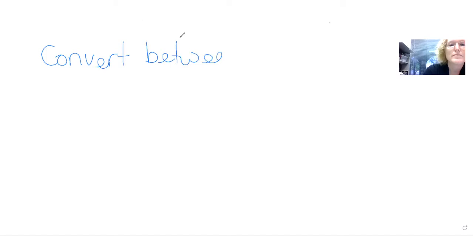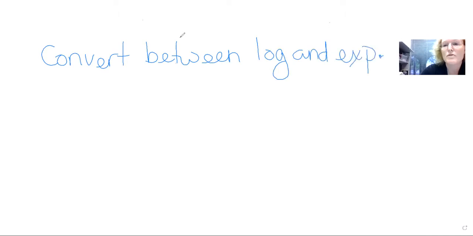And so y'all are going to be starting to work with a lot of things that look a little different than you have probably seen before. So I want to talk to you, and this is a very crucial skill, about how to convert between log and, I'm going to abbreviate here because I'm running out of room over there, exponential form.